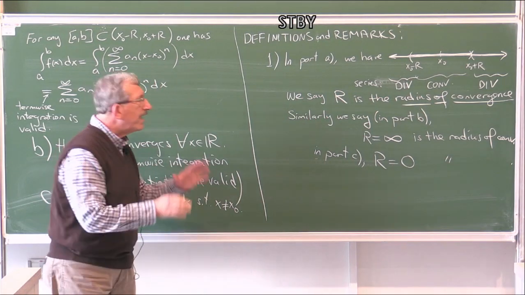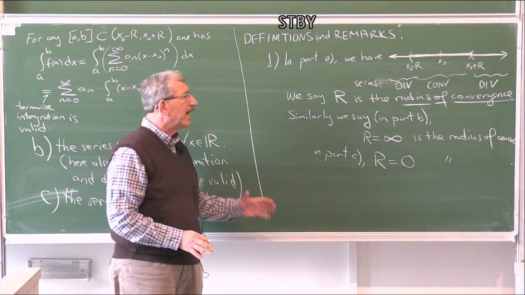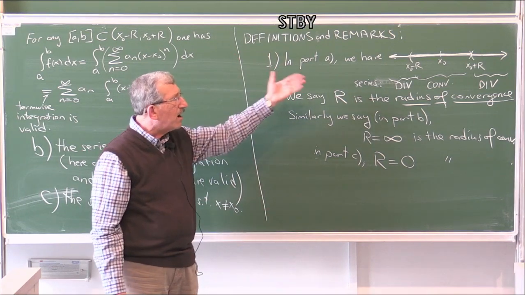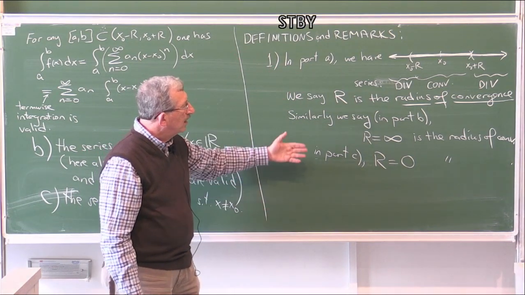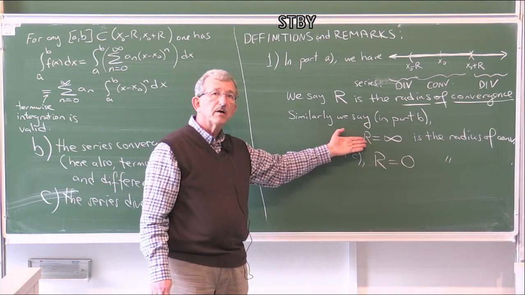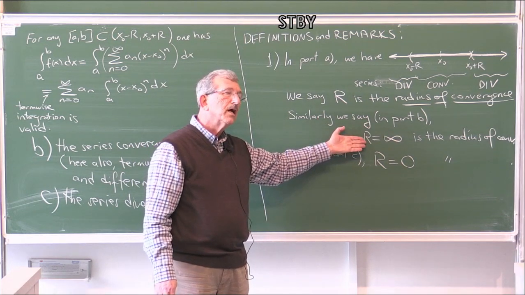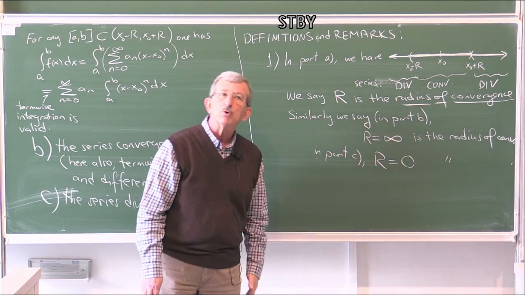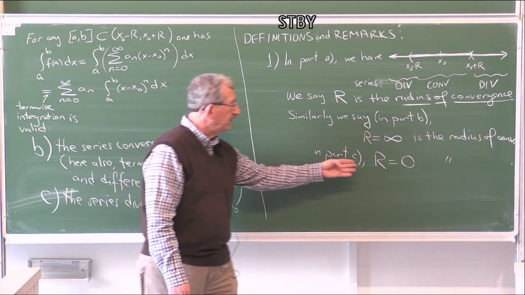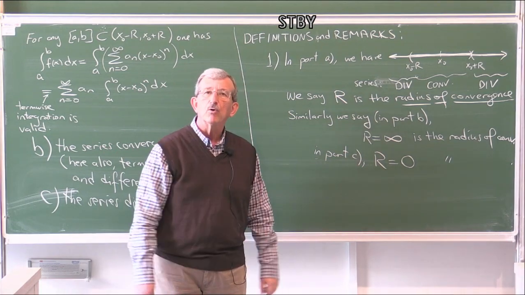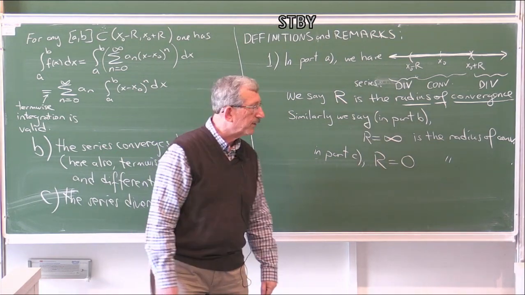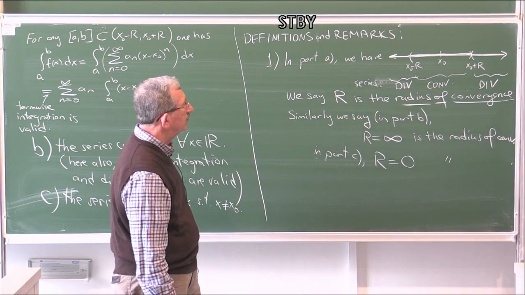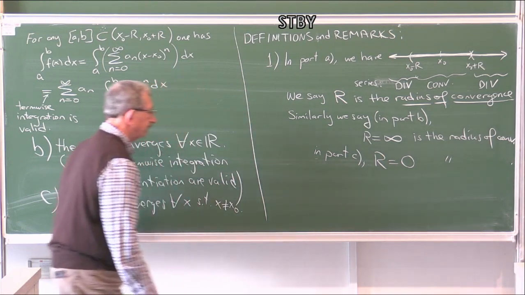So, for every power series, there is a radius of convergence. In the first part, that R is this one. In the second part, R is infinity because x can go as far away from x0 as we want. And finally, in C, it cannot go any further. So this is our definition of radius of convergence.